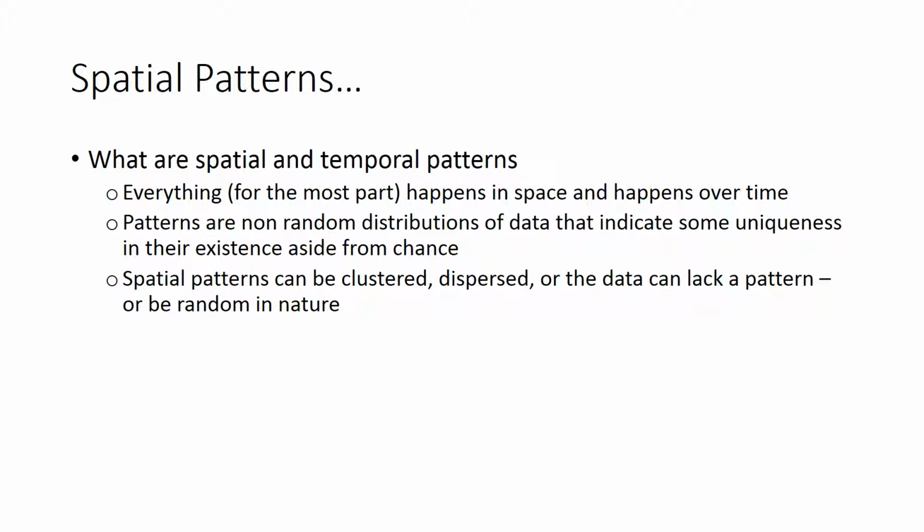In other words, there's something going on that's causing that data to not just behave as one would randomly expect it to behave. Spatial patterns can be clustered, they can be dispersed, or they can lack a pattern and be random in nature, in which case it's really not a pattern. But again, all these things tell us something about the data.